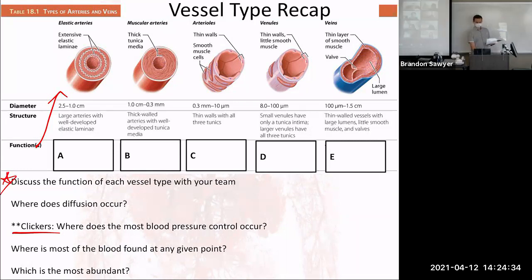All right, everybody should be coming back there on Zoom. Go ahead and send in your answer there if you haven't yet. So where does the most blood pressure control occur? Almost got everybody. Okay, so most people are saying C now.